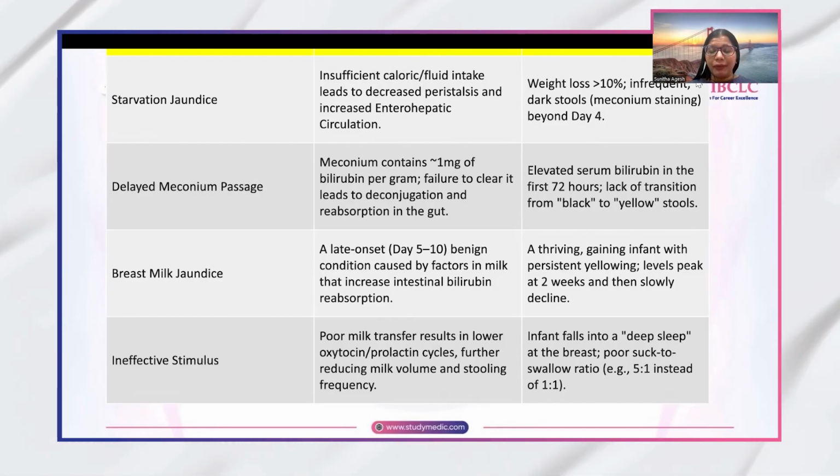When we are assessing the suck of the baby, we need to assess whether it is 1:1. For one suck, if there is one swallow, there is a good transfer. If it takes 5 sucks for one swallow, the baby is not getting adequate milk from the mother, either because of an improper latch or because of maternal conditions.